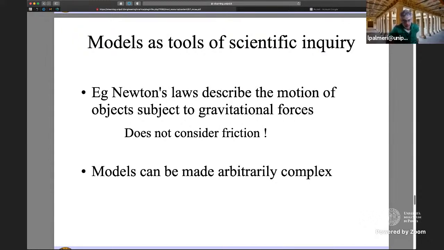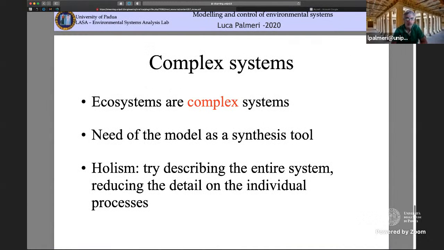You can always include the effect of friction, but then you have to improve your model, making it more complex. You remember the circular schema we have said, from hypothesis to synthesis. The observation of the systems may lead you to improve or to change your models.